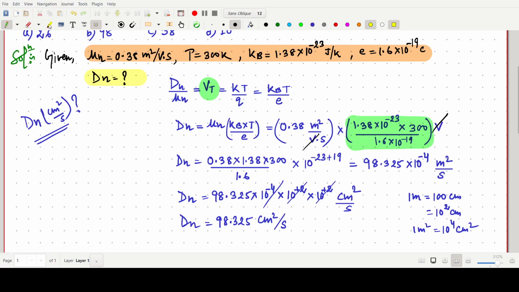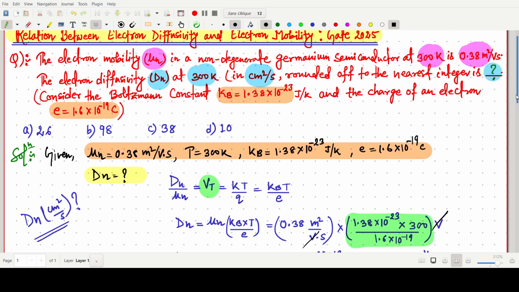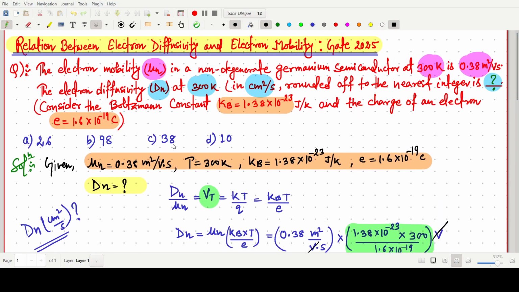This is the final answer. We have to round it off, so it is nearly equal to 98 centimeter square per second.